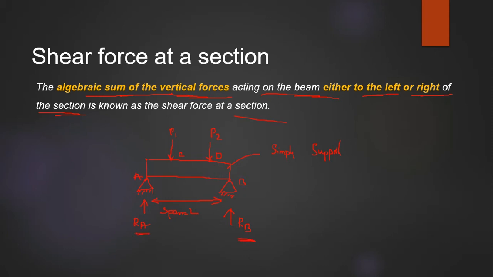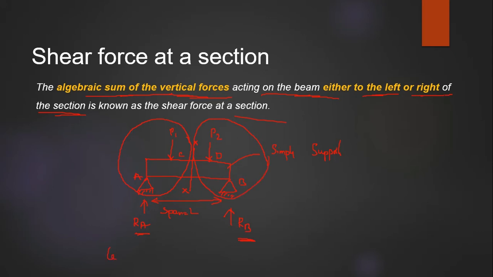If I need to find out the shear force at any section, here or here or here, just take this here. This is the section XX. And if I need to find out the shear force at section XX, I simply need to add all these forces on the left side of that section. Or I can also get the shear force at that section XX by adding all the right hand side forces.